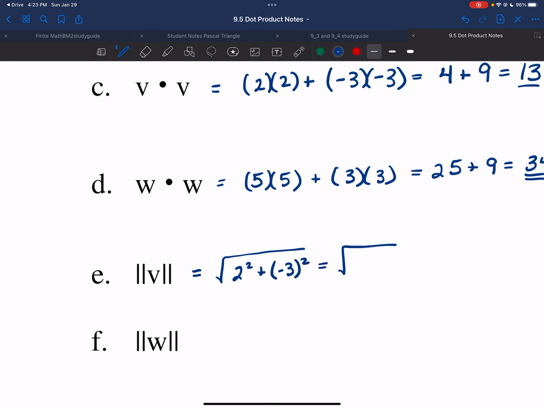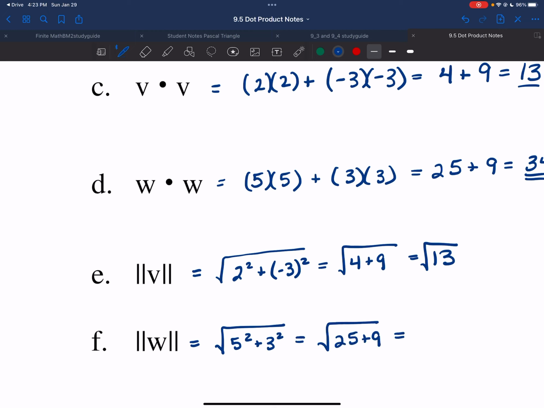So that's going to give us 4 plus 9, which gives me 13, square root of 13. And then the magnitude of w is going to be the square root of 5 squared plus 3 squared. So that will be square root of 25 plus 9. It's the square root of 34.